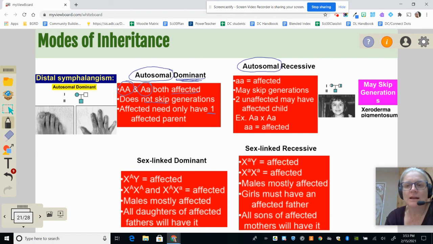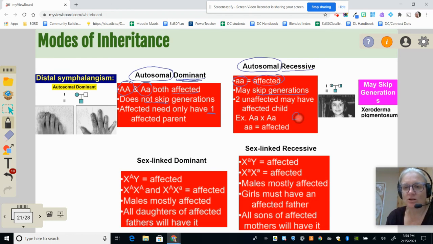Okay. Now, if you're talking about an autosomal recessive, you are only going to be affected with this if you are homozygous recessive. And so it can skip generations. It may hide for a few generations, as we saw, and show up again, because there are going to be carriers in the population.